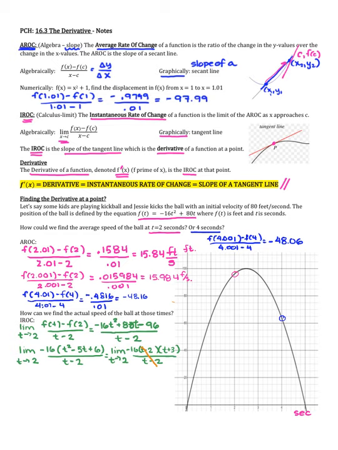And this is like magic. It's always going to work this way. Something will cancel. So I am now free to go ahead and take my limit. What am I taking the limit of? Negative 16 times t minus 3. So when I plug in 2, because that's now a nice function with no discontinuities, it's just the equation of a line, I'm going to end up with 16 feet per second.